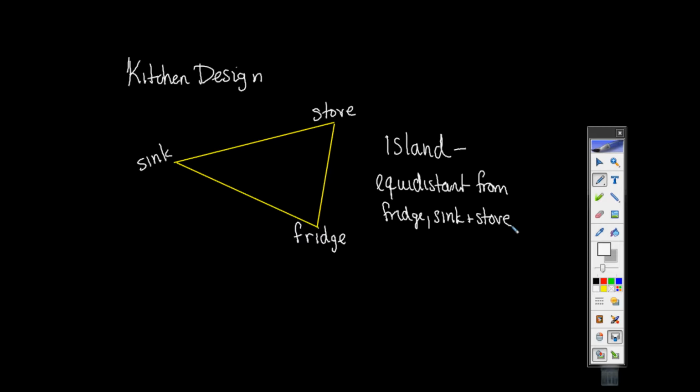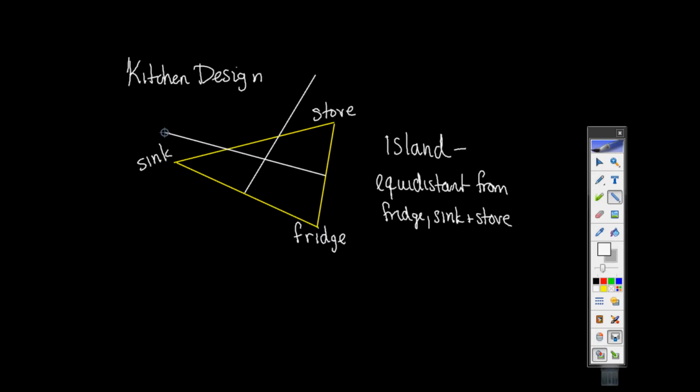So what they do is they'll find the circumcenter, because the circumcenter is going to be the equal distance from each of these. So we find the perpendicular bisector of this side. We find the perpendicular bisector of this side.